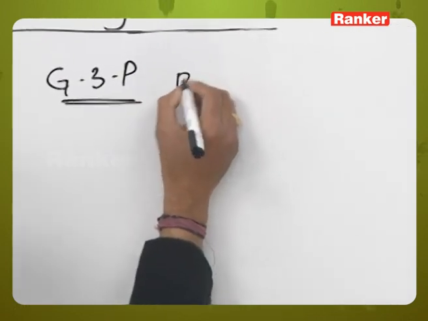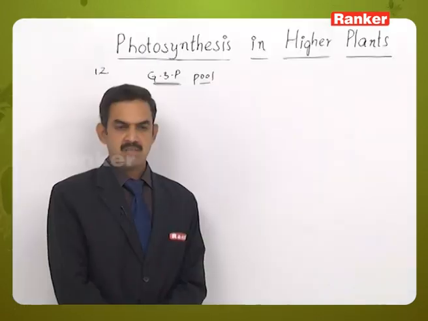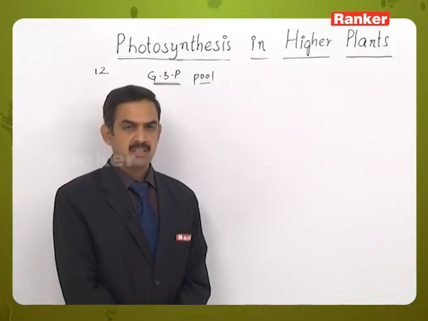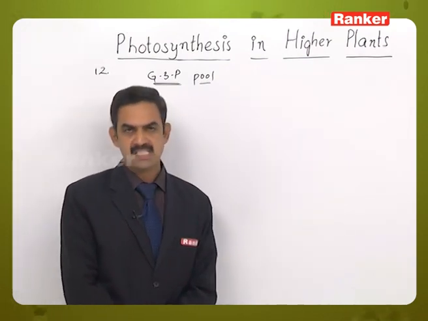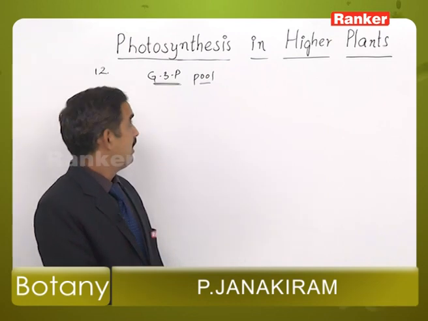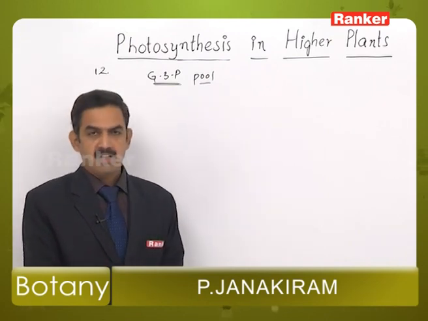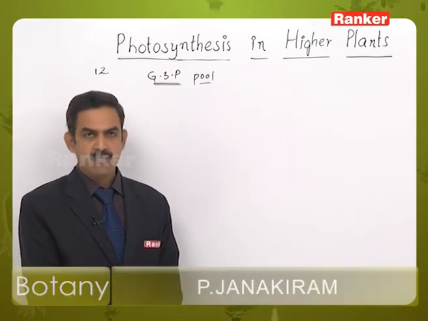So here in the C3 plants, the G3P pool is formed in the reduction phase, that is the second step, where some of it helps in the regeneration of the process.